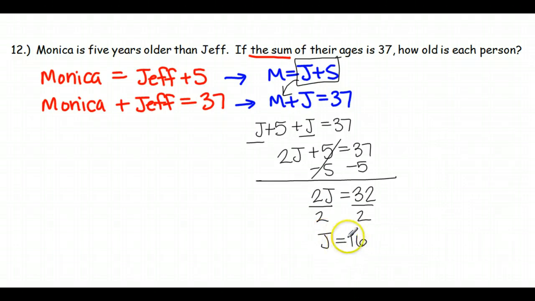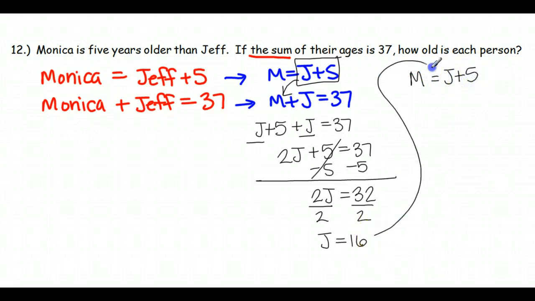So if I know that Jeff is 16, I can figure out how old Monica is. Remember that Monica is Jeff's age plus 5. And if Jeff is 16, that means Monica is 16 plus 5 years, which means Monica is 21.